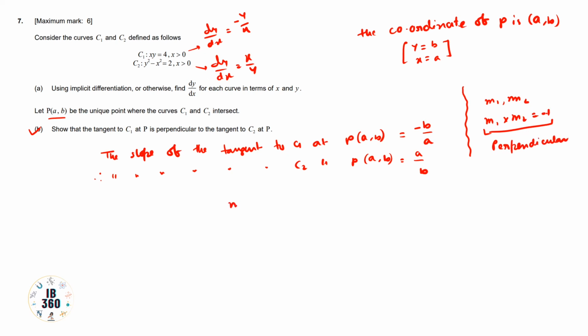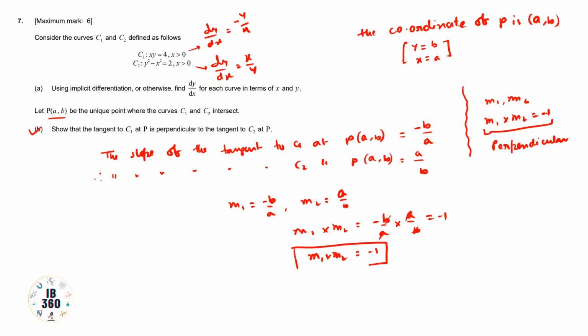So from here we can write m1 equals minus b by a and m2 equals a by b. So we can check m1 into m2 equals minus b by a into a by b, which equals minus 1. So the product of the slopes of the tangents is minus 1.